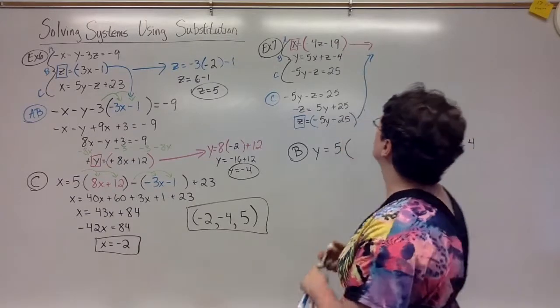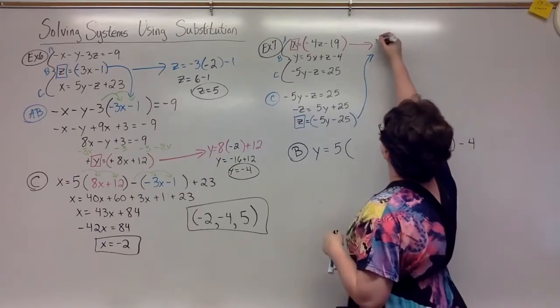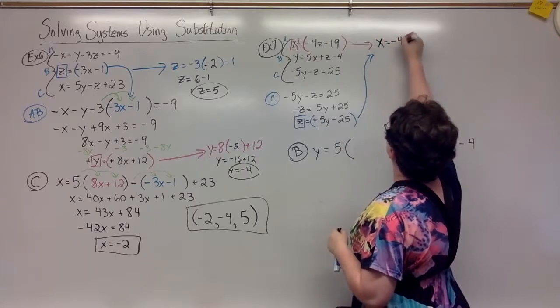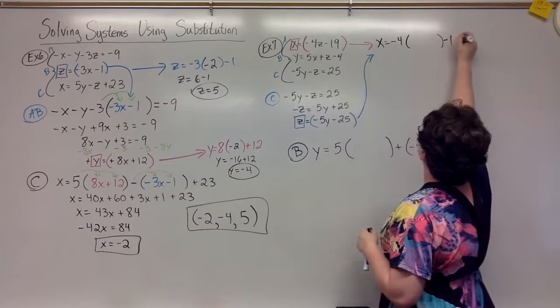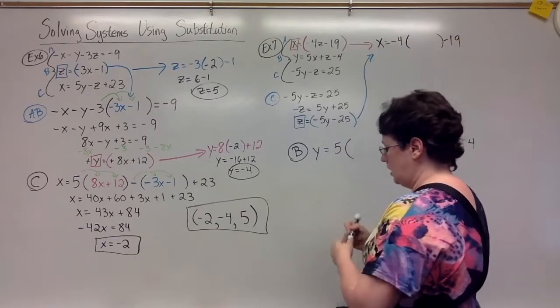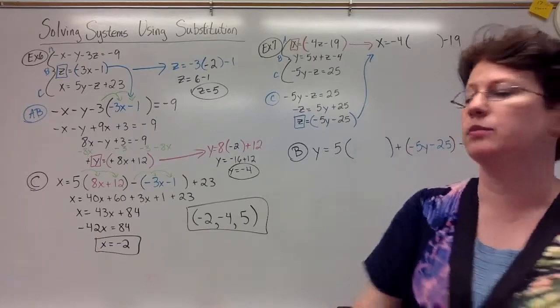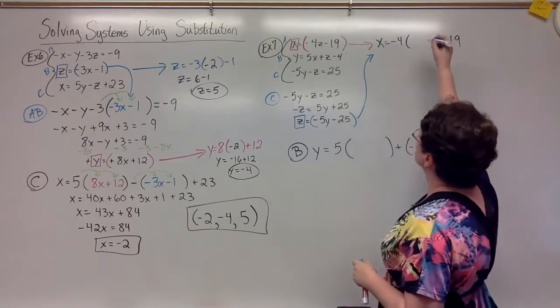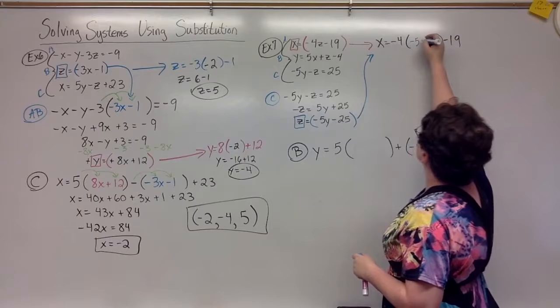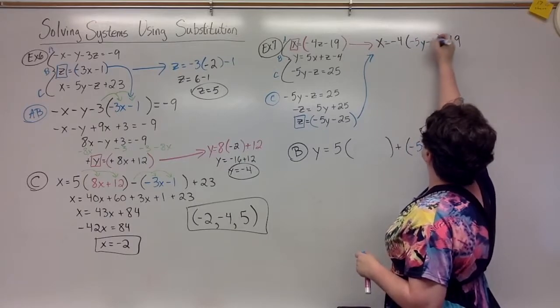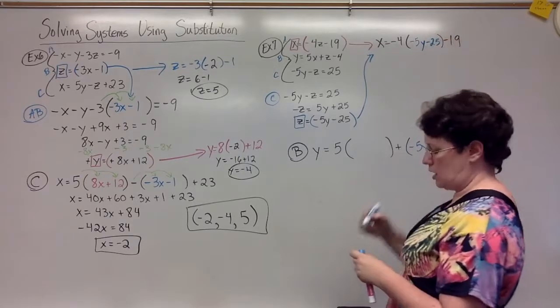So we're going to have x equals negative 4, parentheses, minus 19. And in there, we're plugging in our z value. Okay? So our z was minus 5y minus 25. Okay?